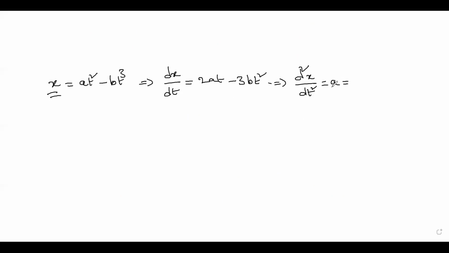So for the acceleration part, we'll write capital A, since a is already used here. So here that is equal to 2a when you differentiate, minus 6bt. I hope you all know how to do the derivative. So when you make it 0, you have to find what is t. So you get 2a is equal to 6bt, right?